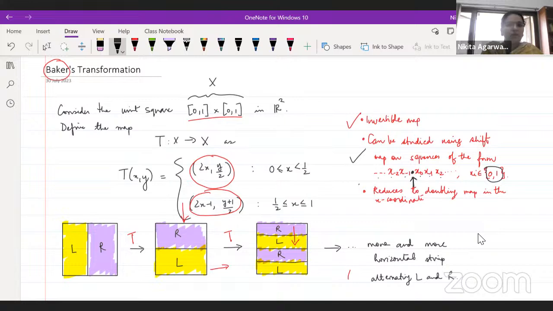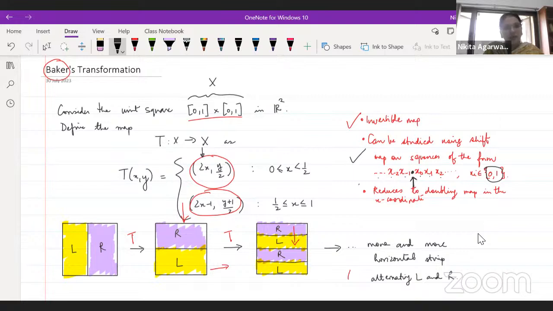But the question is, how does it relate to the doubling map? So if you focus on just the x coordinate of this map, what is happening to the x coordinate, regardless of the y coordinate? It is precisely the doubling map in the x coordinate. So this map is actually known as a generalization of doubling map in 2 dimensions.